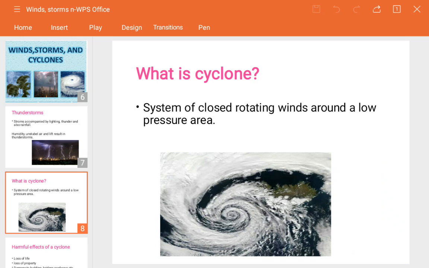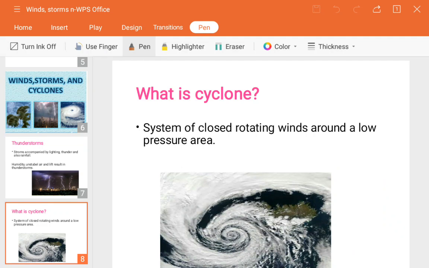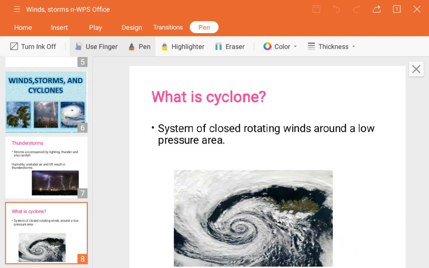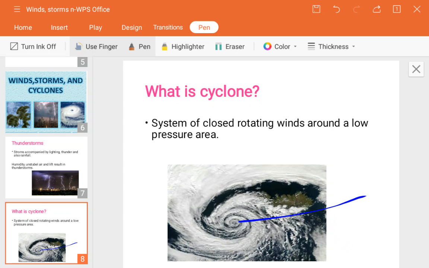More cool air means whichever air comes inside toward the center, because there is a low pressure area there. Let me show here. See, guys, this is the middle part, that is called the eye.